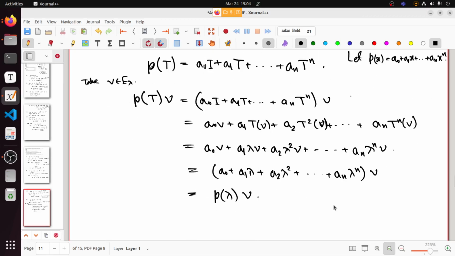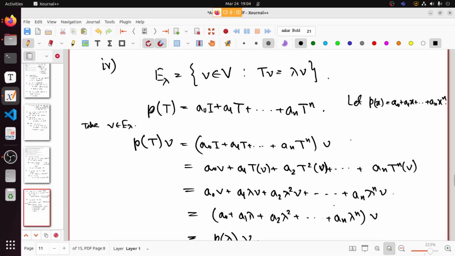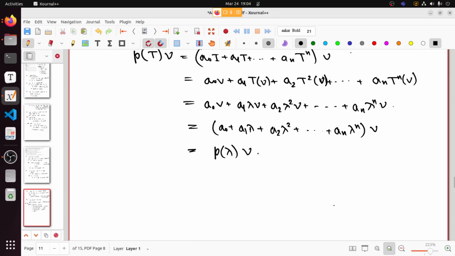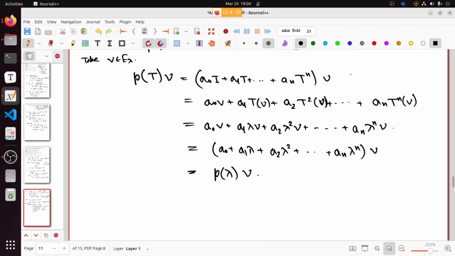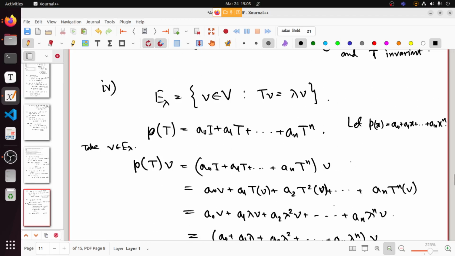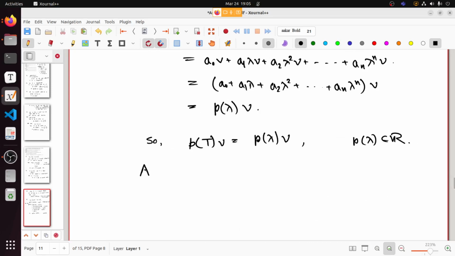Now P lambda is basically a real number or complex number, whatever. Here it's a real number because this is a real valued polynomial. So P(T) of v equals P lambda of v, where P lambda is a real number, and E lambda is a subspace, right? Because E lambda is an eigenspace.